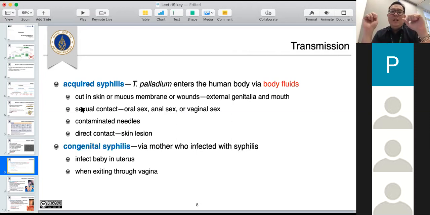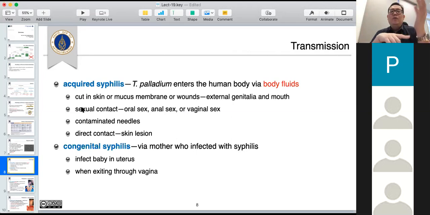Normally, we find cases infected in the genitalia and mouth. Mostly it happens by sexual contact, either oral sex, anal sex, or vaginal sex, which carry equal risk.